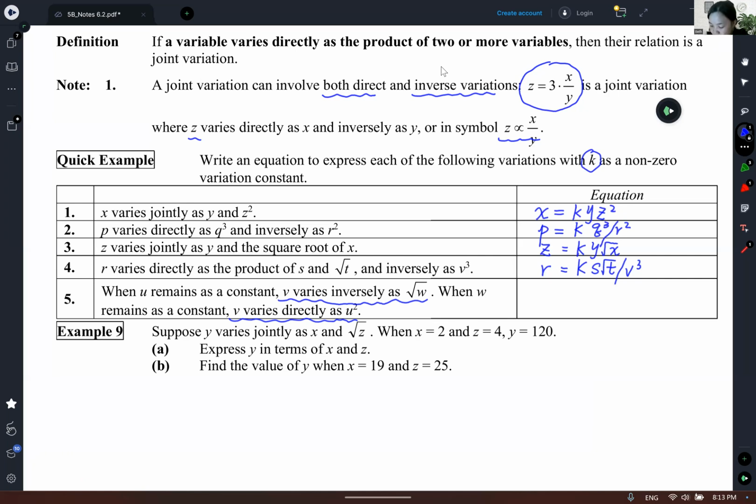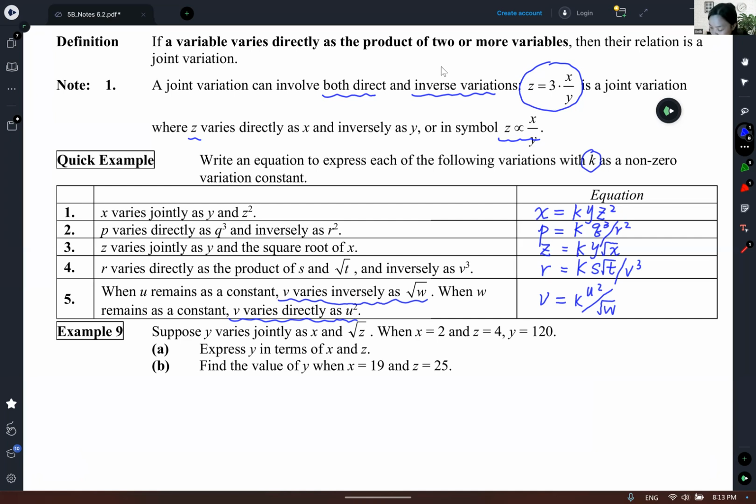So on the left, you will have V. On the right, you will have something joined with the square root of W and U squared. And that is U squared divided by the square root of W. And I'll put an equal sign and the constant K. Like that.